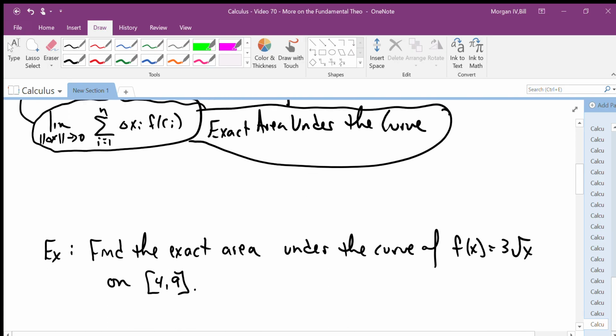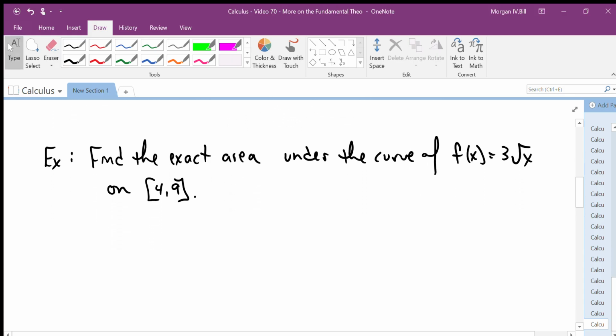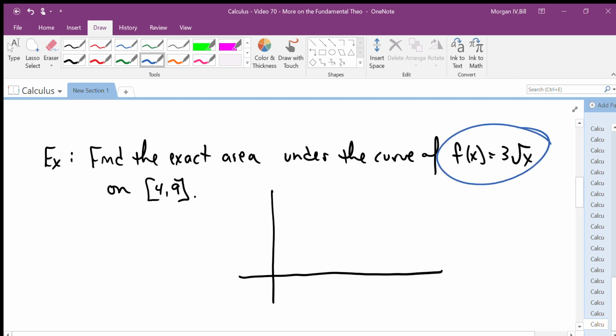Let's try an example. Find the exact area under the curve of f of x equals 3 square root of x on the interval from 4 to 9. While it's not necessary for you to draw a picture for each of these, it does help visually, I think, a lot of people. So we'll draw a picture. Our function is f of x equals 3 square root of x, so that would look something kind of like that.